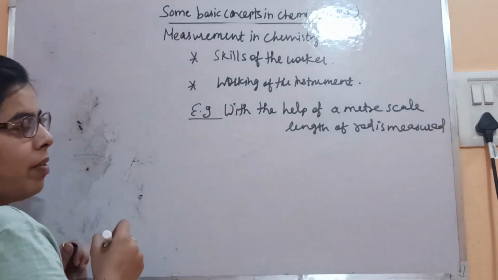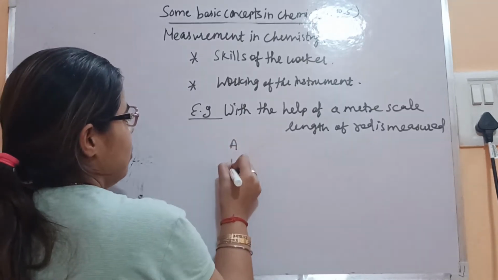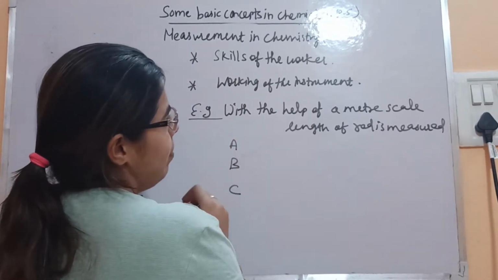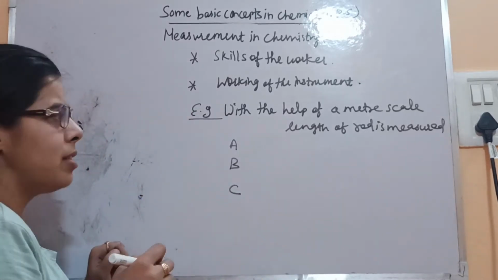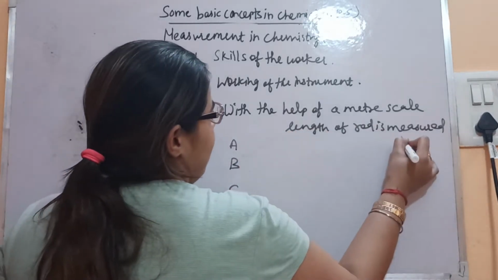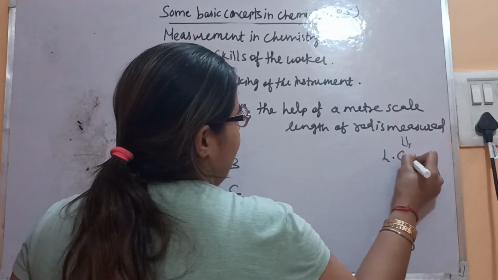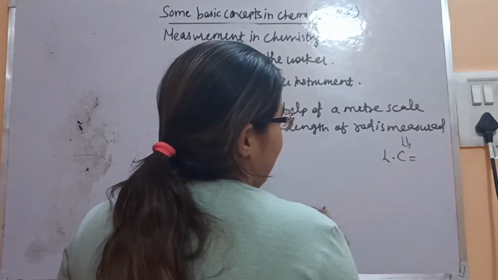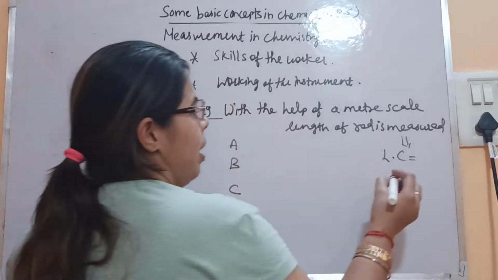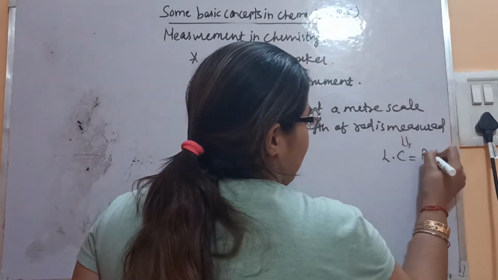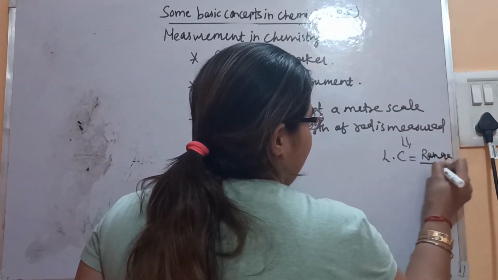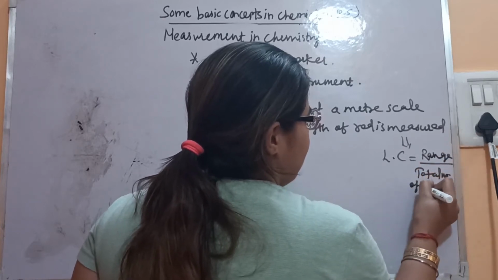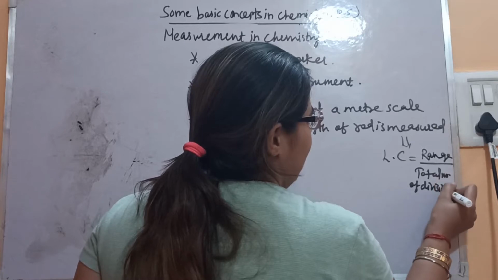Let's say three persons have reported the results. We know the least count of the scale. All of you know how to calculate least count for a particular instrument, you have studied in physics. That is range divided by total number of divisions. In this way you can calculate the least count.